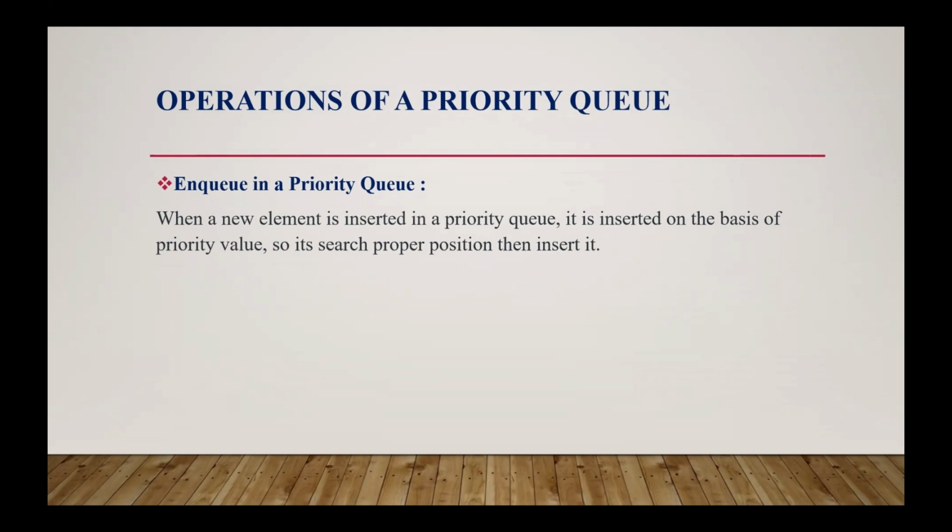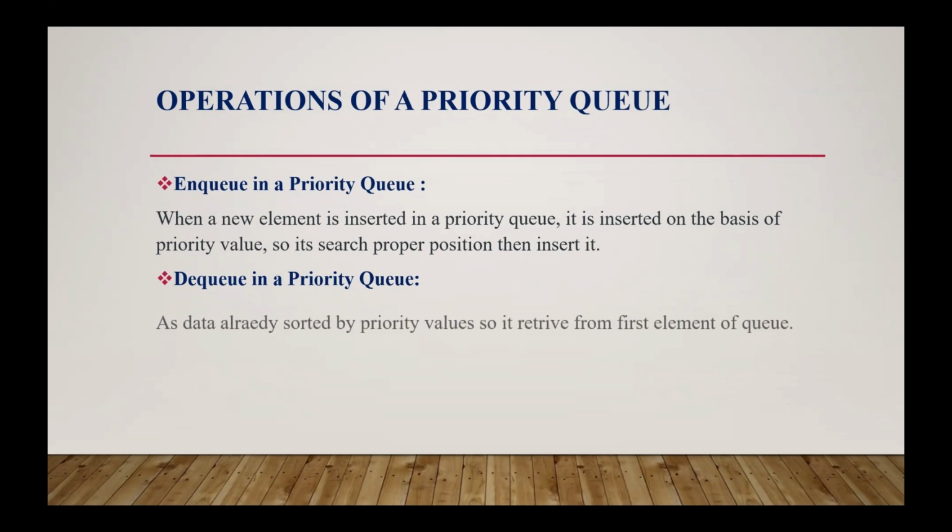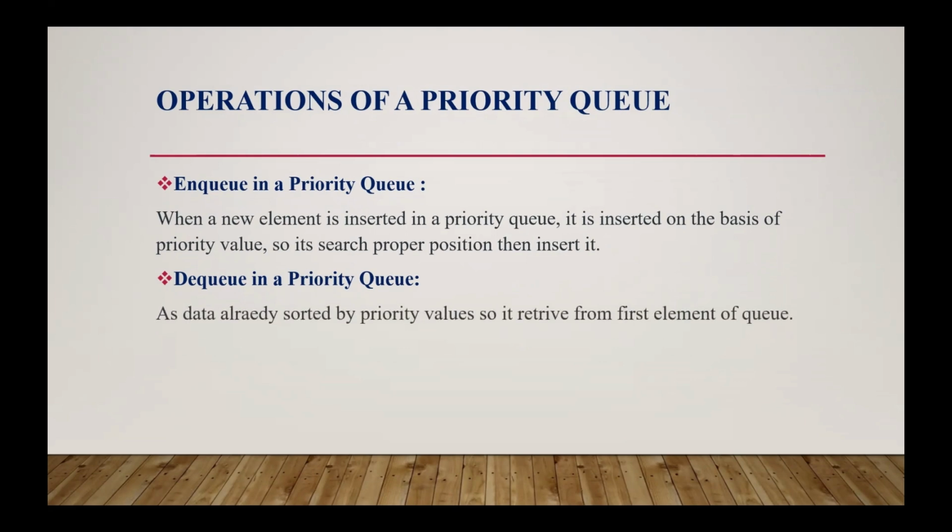So it finds the proper position, then inserts, because it is a priority queue. The second operation is DQ. DQ means deleting an element from a priority queue. As data is already sorted by the priority value, it retrieves from the first element of the queue. This is the front side we have to delete.